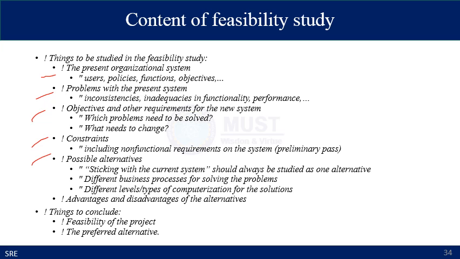Here, the benefit of sticking with the current system should always be studied as one alternative, and different business processes for solving the problems and different levels of computerization for the solution, along with the advantages and disadvantages of each alternative. So you have to consider the things to include in the feasibility of the project and the preferred alternatives.